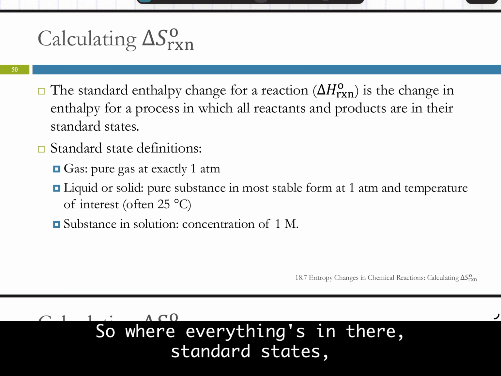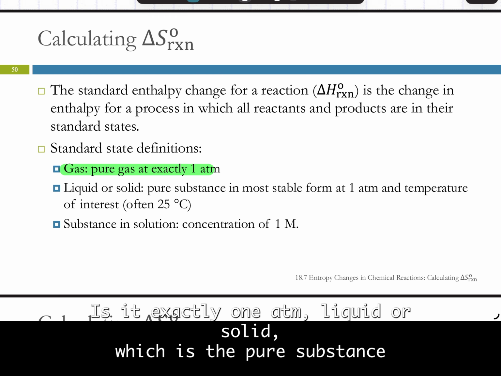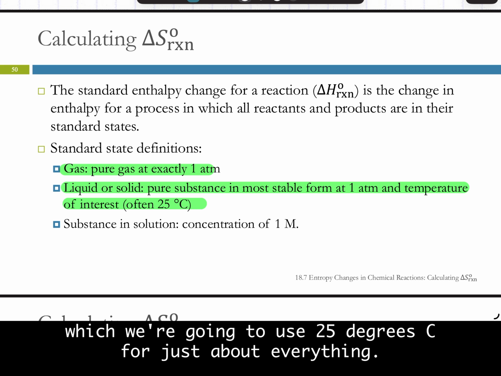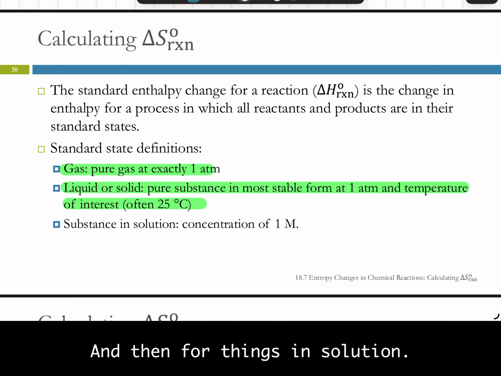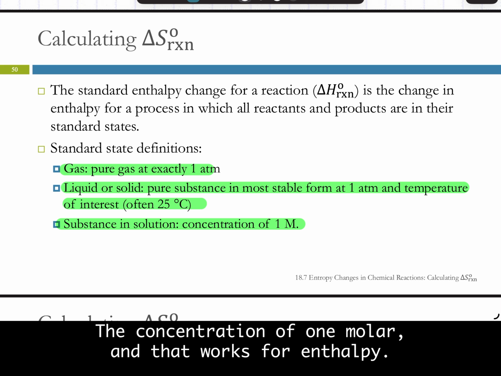So where everything's in their standard states, you should remember our standard states as gas is at exactly 1 atm, liquid or solid, which is the pure substance in its most stable form, at 1 atm and a temperature of interest, which we're going to use 25 degrees C for just about everything. And then for things in solution, a concentration of 1 molar.